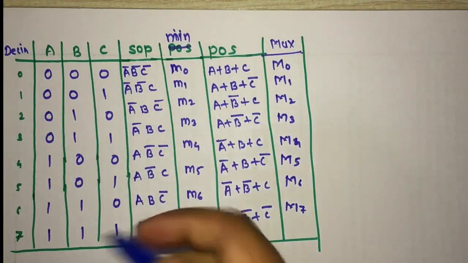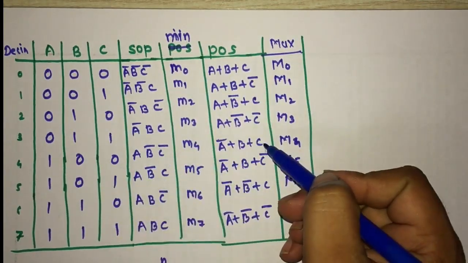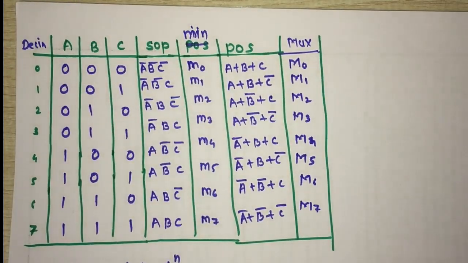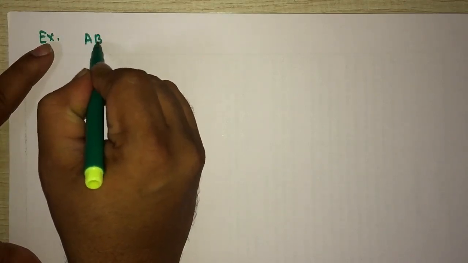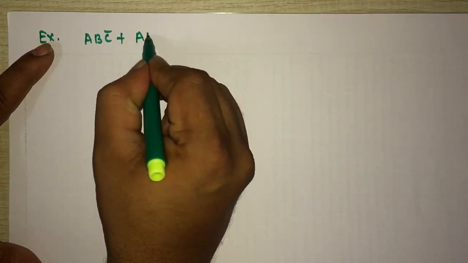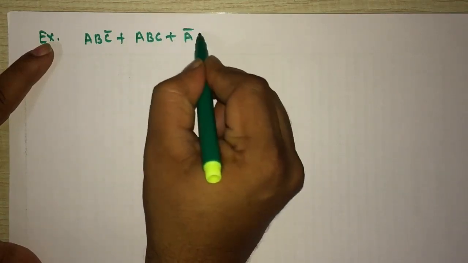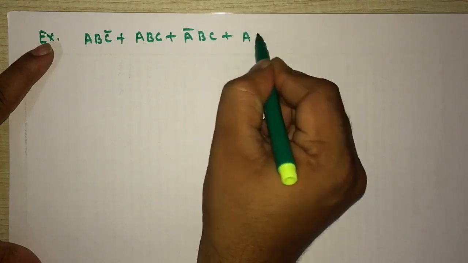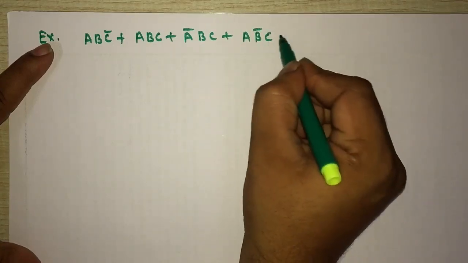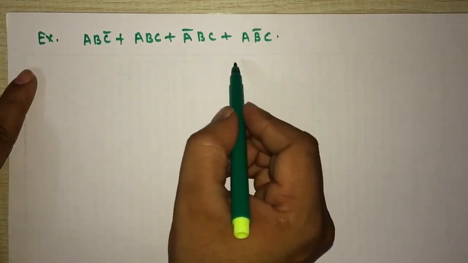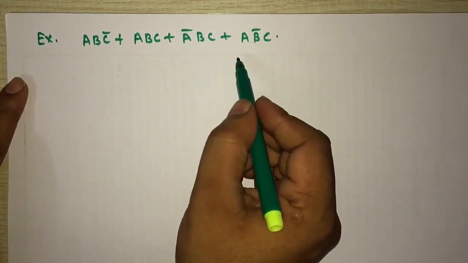Okay, so this is all about the min term and the max term. Now let us see how to write any equation into its equivalent min term and max term form. Suppose, for example, we have one boolean equation like A B C bar plus A B C plus A bar B C plus A B bar C. Suppose this is the given equation, and we have to convert it into min term form.